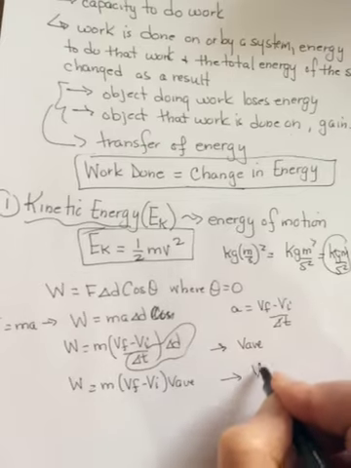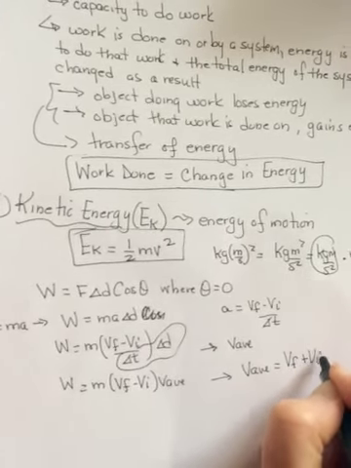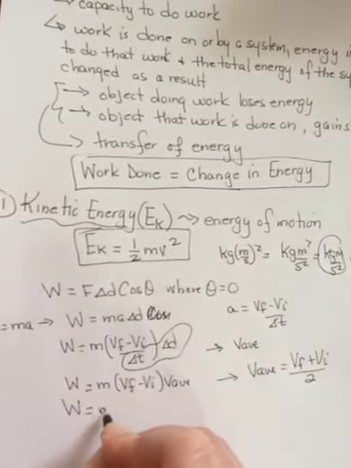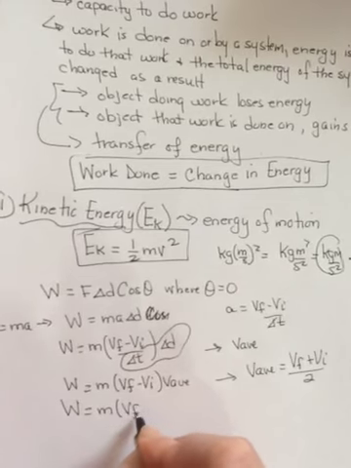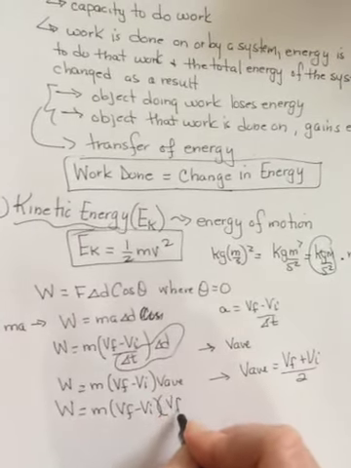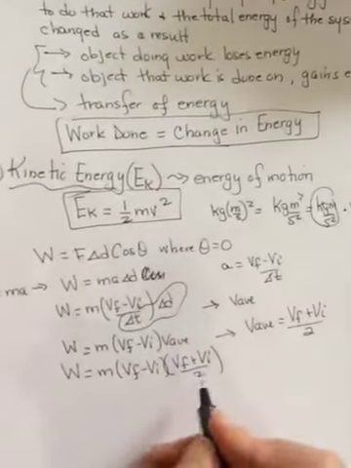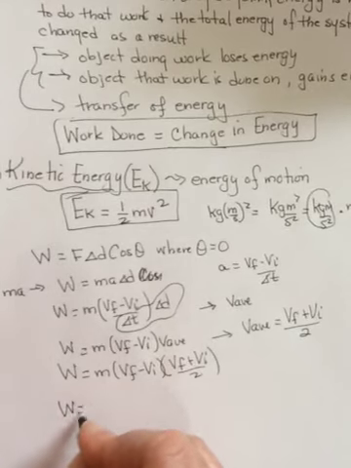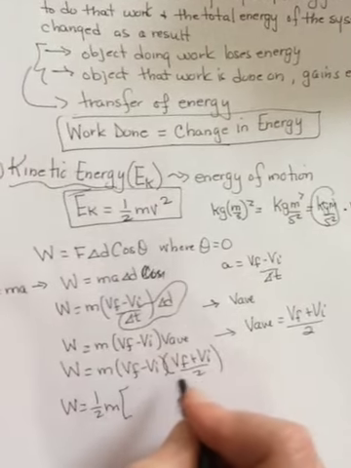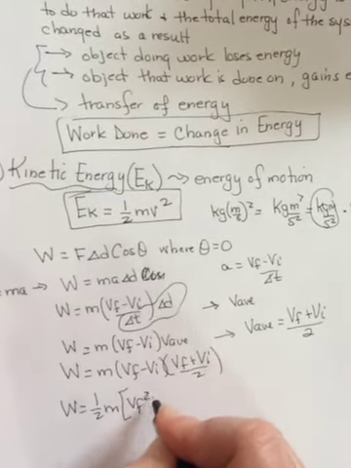But V average, average of anything, is equal to the two things added together divided by 2. Don't panic, I'm just deriving something for you. So filling this in for V average, it would be VF plus VI divided by 2. So I'm going to take this 2 out front, so it'll be 1/2 m. And then, of course, we have to FOIL these, right? Multiply the first, so it'll be VF squared.